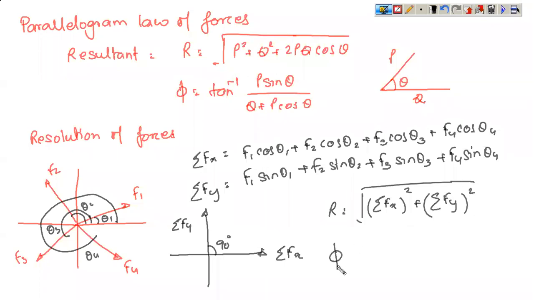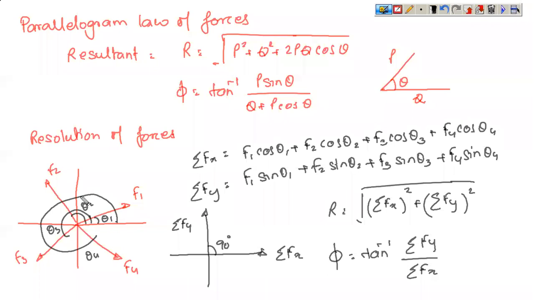And phi, the angle made by the resultant with respect to the positive horizontal, is tan inverse sigma fy by sigma fx. Okay, so this is your method in which you are calculating the resultant.